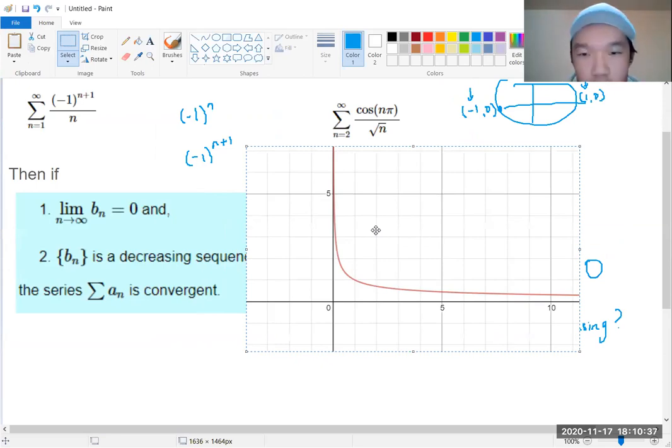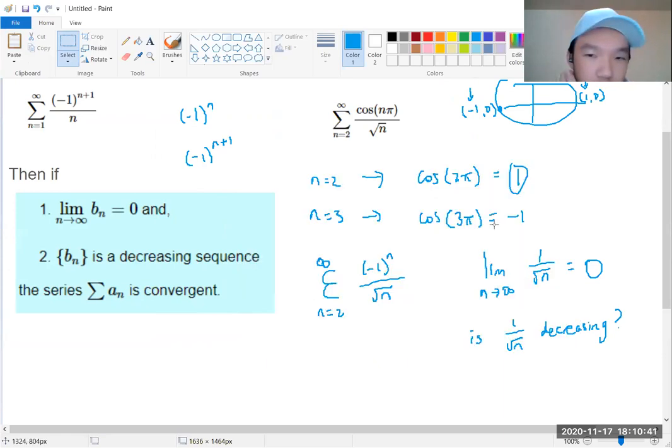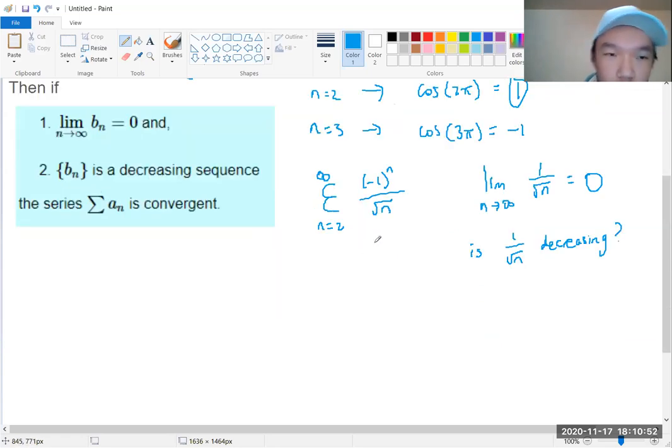You can see that it's decreasing, so this is fine. If you wanted to show it algebraically, you would just take the derivative and then show that it's negative. But yeah, this is fine. Therefore, we can say that this series here is convergent.